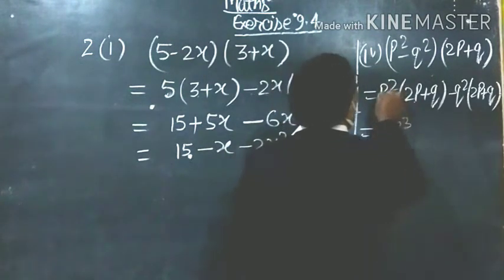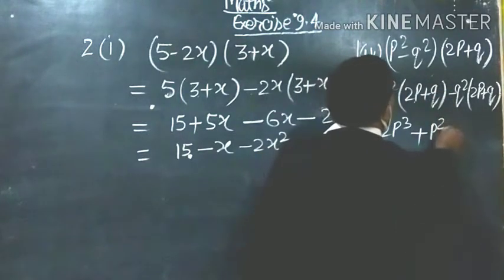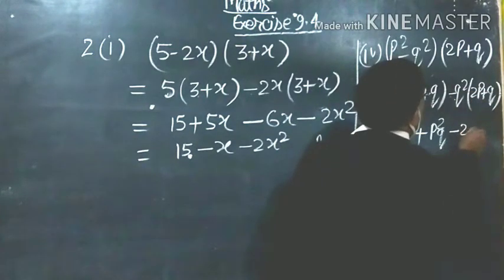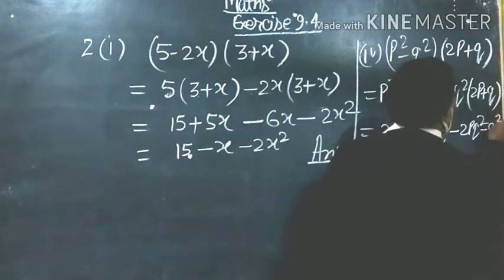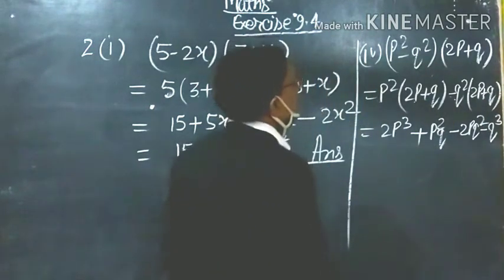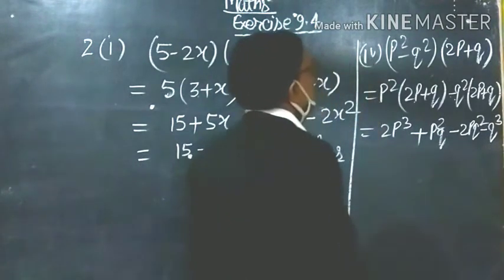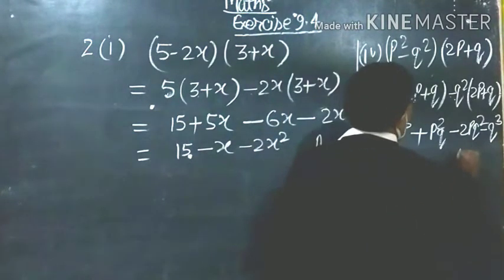When you multiply plus into plus, p square into q, p square q; minus into plus, minus q square into 2p, means minus 2p q square; and minus into plus, minus q square into q, minus q to power 3. Here no terms are like terms, therefore they will not be added together. This is your answer.